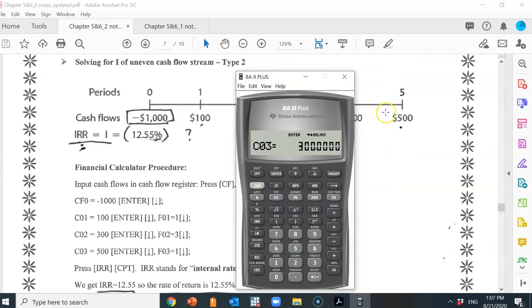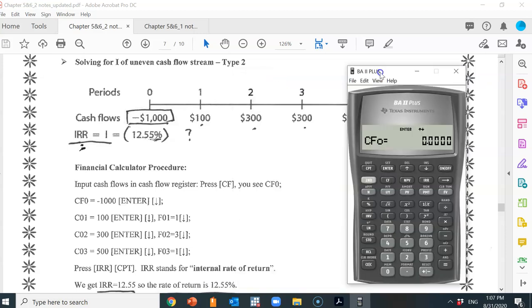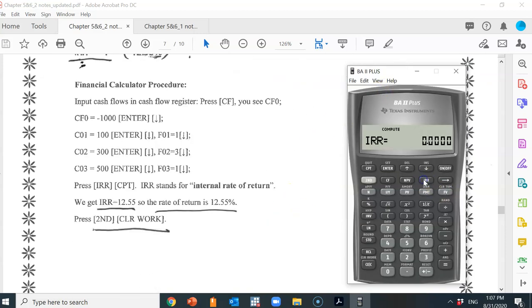Cash flow 3 as 500, enter, down button, frequency 1. Okay, down button, double check. Oh, we don't have this cash flow 4 here. So let me change it to 0, enter, down button, frequency 1, down button, cash flow 5, 0, frequency 0. Okay, so all the cash flows are input. Now let me press IRR and compute.